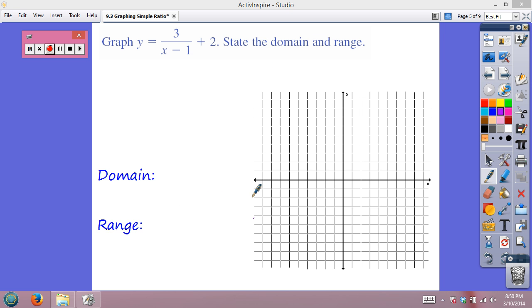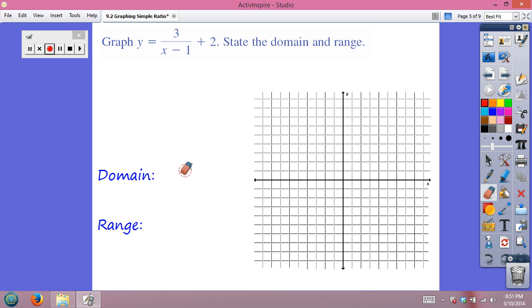Our first example says to graph y equals 3 over x minus 1 plus 2. State the domain and range. So the first thing we're going to do is notice that we have to find our domain and range. And we know that our domain means that we can't have 0 in the denominator. And if we have 1 for our x value, that would equal 0.